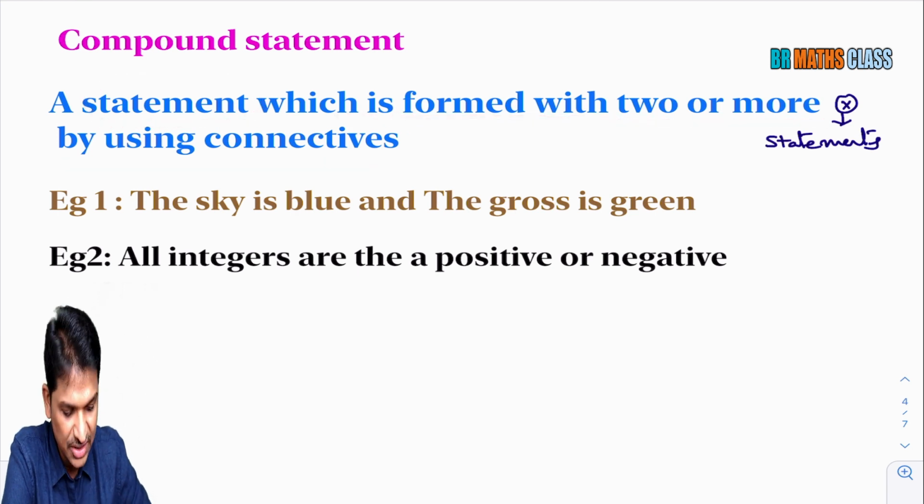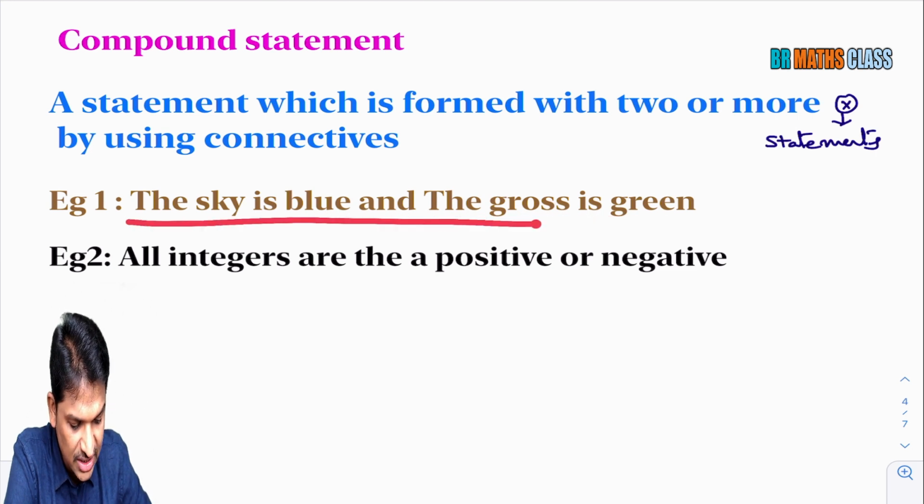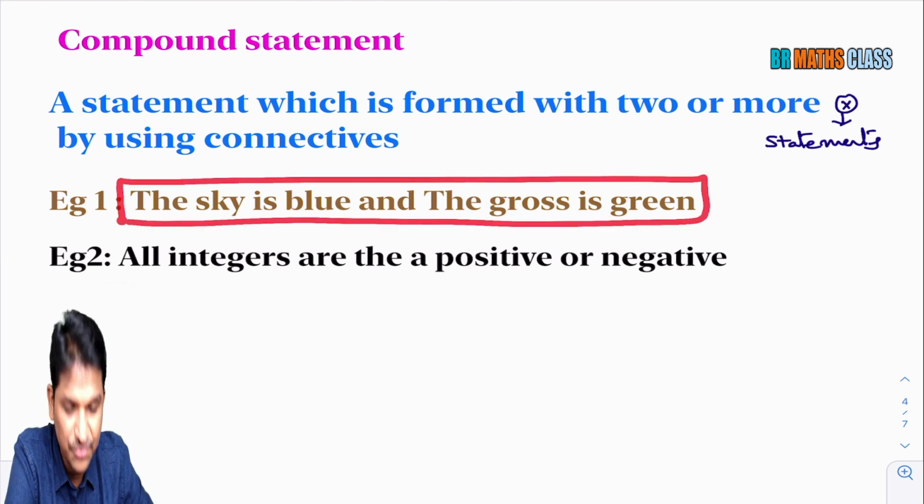For example, you see here, the sky is blue is one statement. The grass is green is another statement. These 2 statements are connected with 'and'. So whatever statement you got here is the statement formed with two statements by using the connective 'and'.